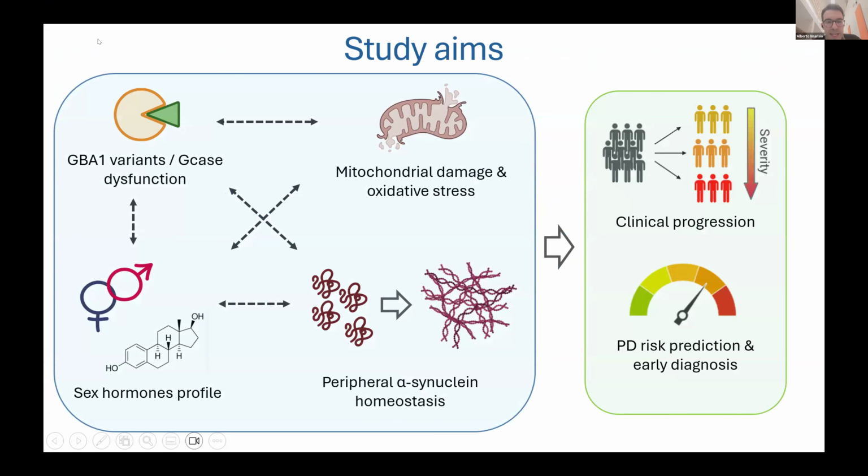Basically, we are interested in investigating these 4 factors you can see in the cartoon: GBA1 variants, and how they interact with sex, and specifically with sex hormonal profiles in both female and male patients and GBA1 carriers without PD, but also with the peripheral mitochondrial damage and oxidative stress, and how these factors interact with the homeostasis of peripheral alpha-synuclein, so the homeostasis between the monomeric form and the aggregated form, and then how these factors interact together to explain different clinical trajectories in PD patients, and the risk of conversion in GBA1 asymptomatic carriers.